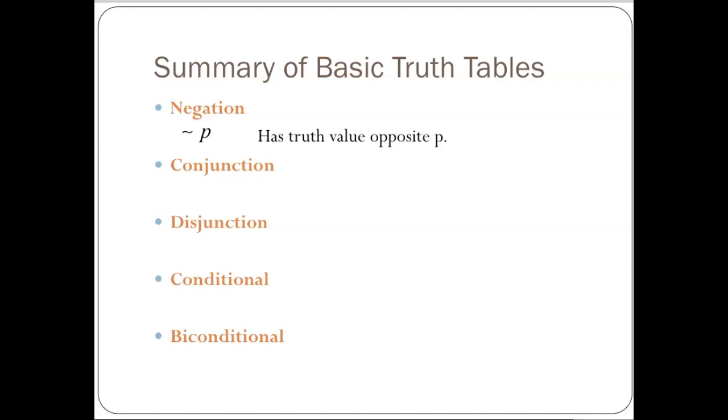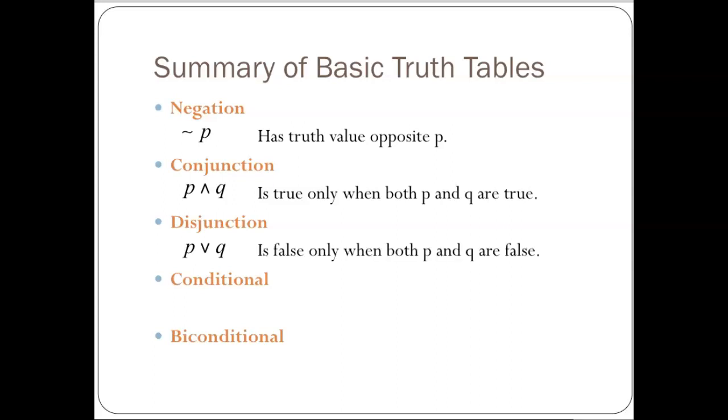All right, a conjunction, this is when we have and, so P and Q. This is true only when both P and Q are true. Okay, a disjunction, P or Q, is false only when both P and Q are false. Right, otherwise it's true. So the only time it's false is if they are both false.